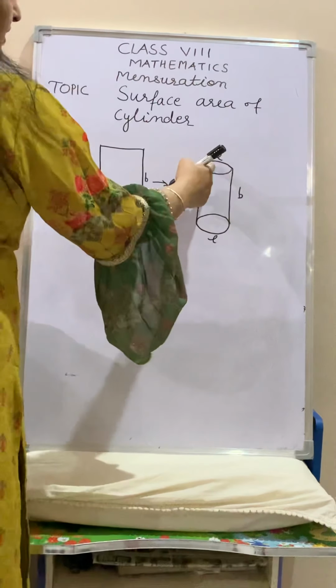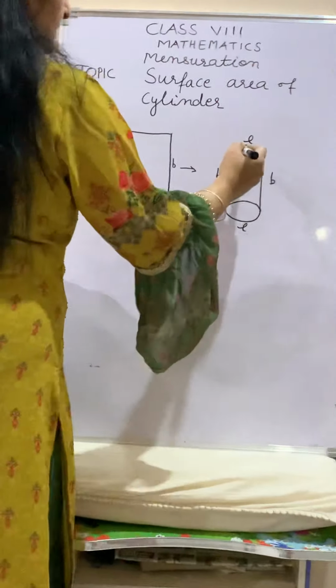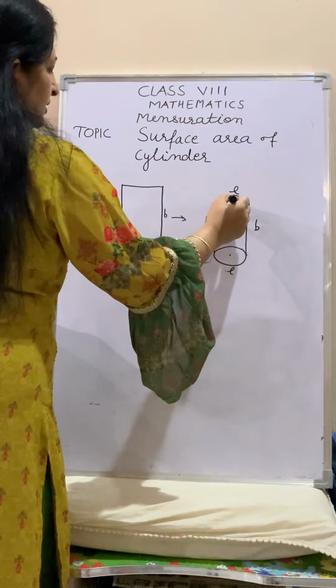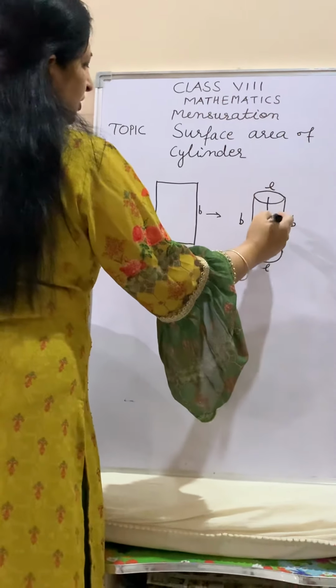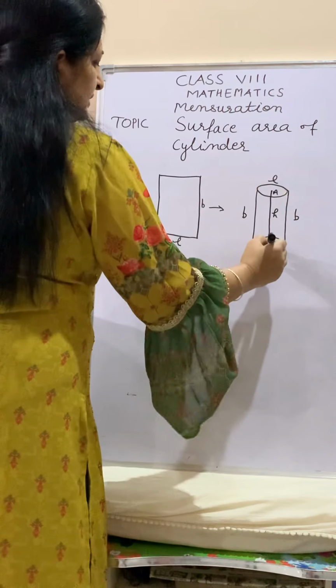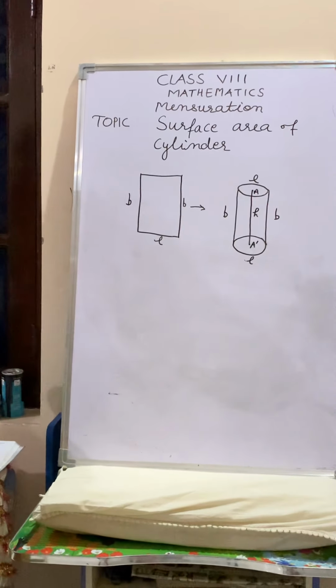These are called the bases of the cylinder, and the distance between the two centers of these bases is called height, or this is called the axis of the cylinder. AA dash is the axis of the cylinder.